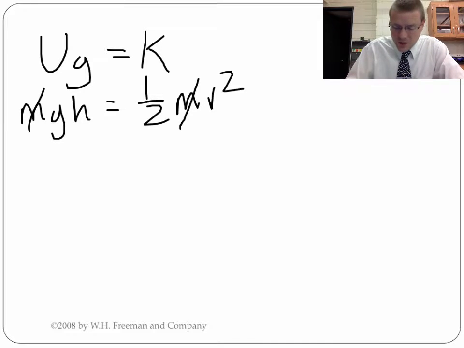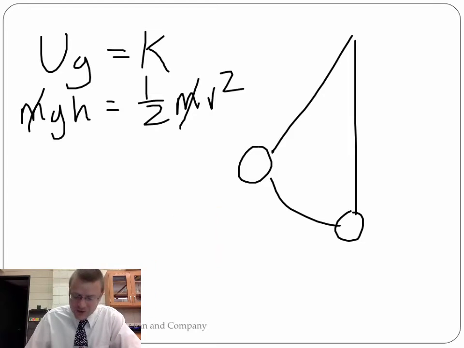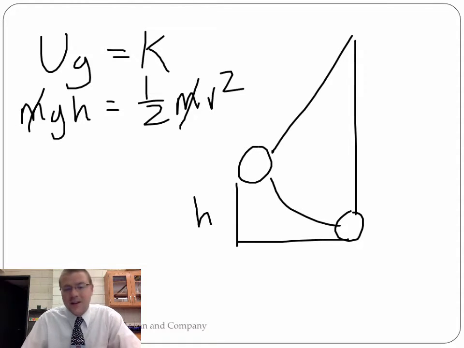But the trick on a pendulum is this. What height does the pendulum rise to as it goes through that arc? Well, the good thing is gravity is path independent, so we don't care about how the ball got from its start point to its end point, just that it did get there. So really what we need to solve for is this height here.